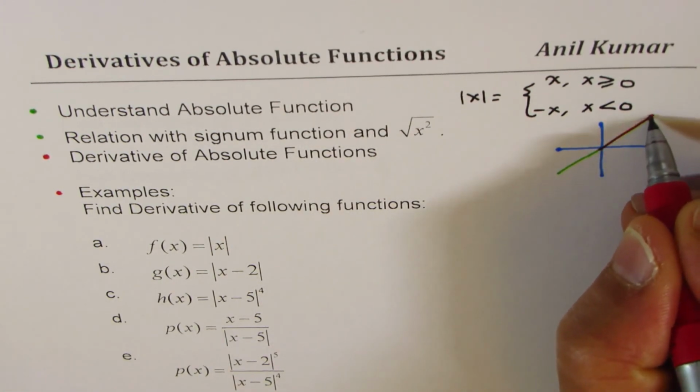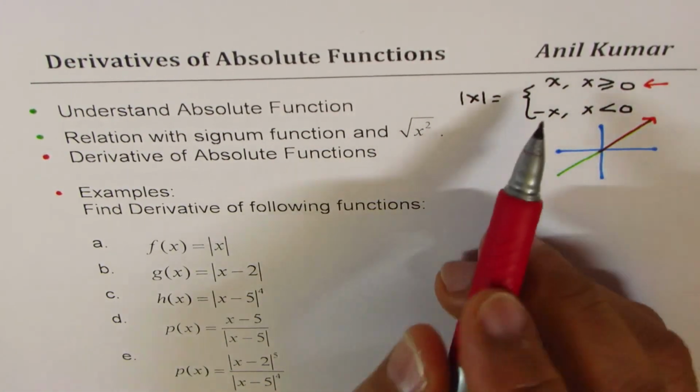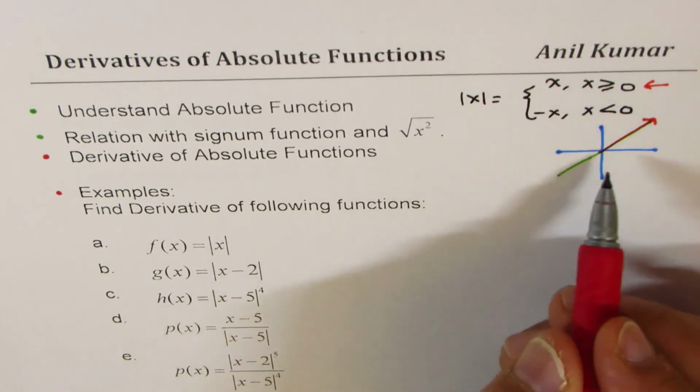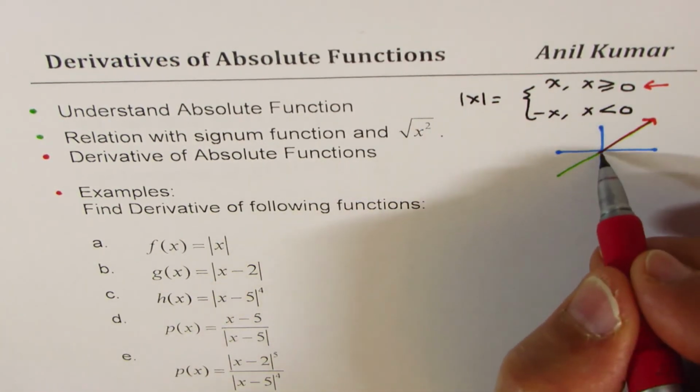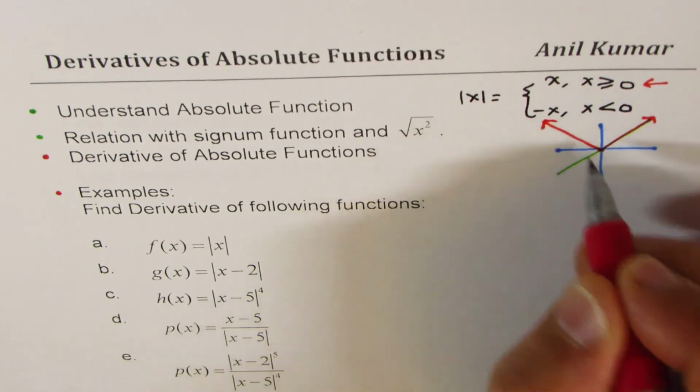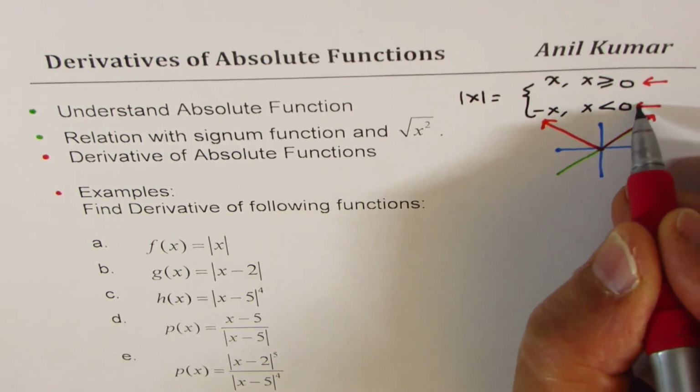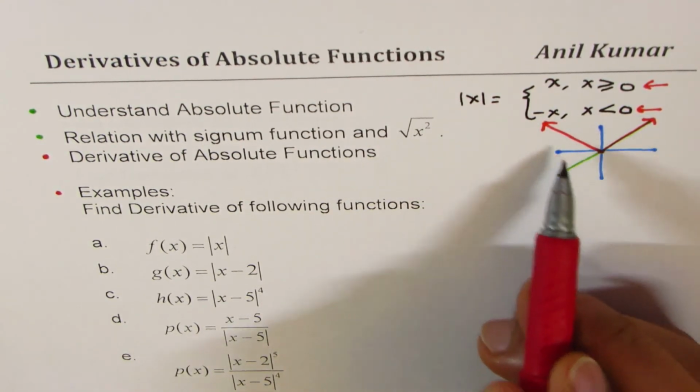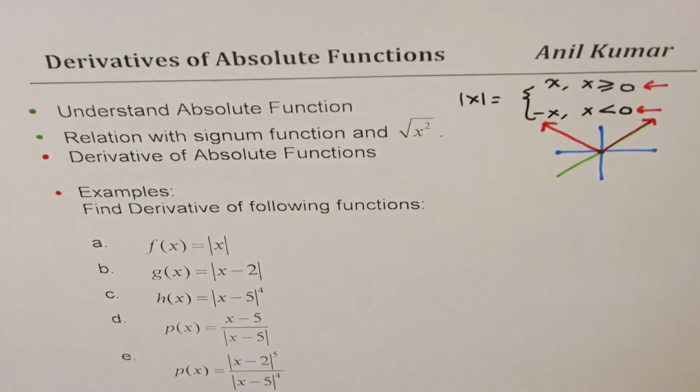So this is what we mean, right? So when we say it is x when x is greater than or equal to 0, minus x means it gets reflected kind of like this. Do you see that? So that becomes the left arm of an absolute function, right? So that is the absolute function.